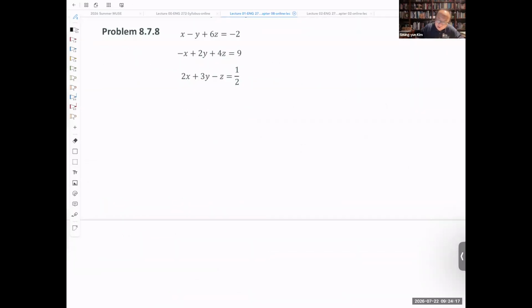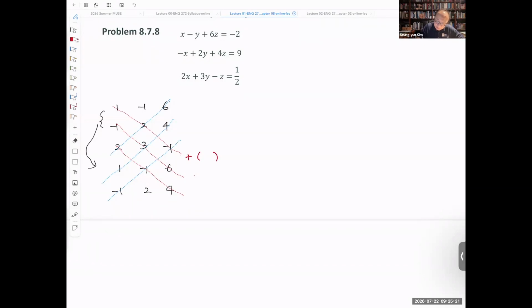So let's do this. Copy down all the coefficients: 1, negative 1, 6, negative 1, 2, 4, 2, 3, negative 1, and copy down the top 2 rows: 1, negative 1, 6, negative 1, 2, 4.